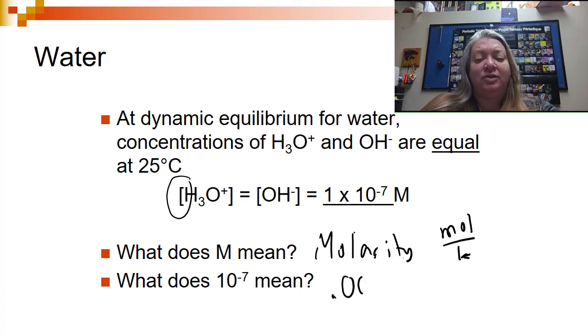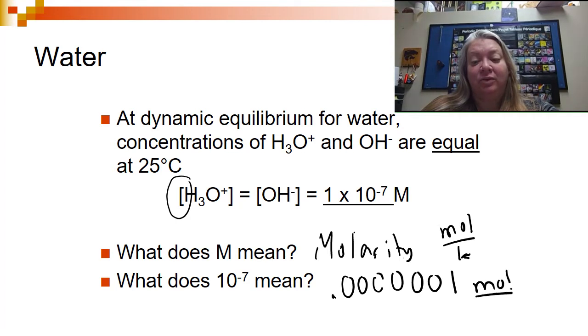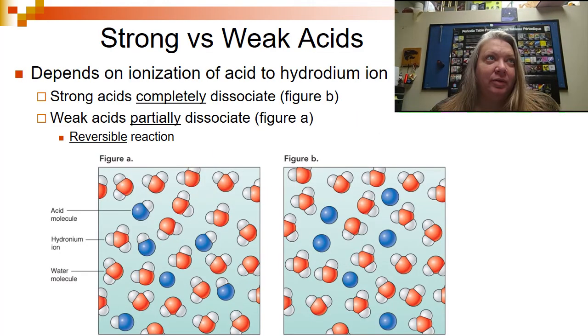It's 1, 2, 3, 4, 5, 6, 7 moles of hydronium or moles of hydroxide in 1 liter. So it's not very much. Very little has actually dissociated. So we've seen that water only partially dissociates. Just a little bit of water dissociates.